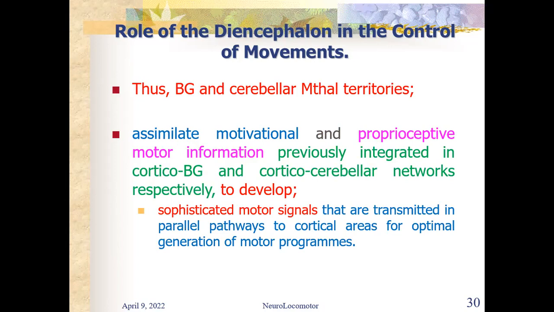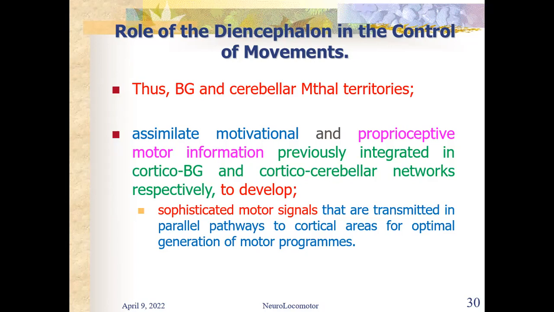It assimilates motor information previously integrated in these structures that I've mentioned to develop sophisticated motor signals that are transmitted in pathways to cortical areas for optimal generation of motor programs. I hope you understand what I'm trying to say.